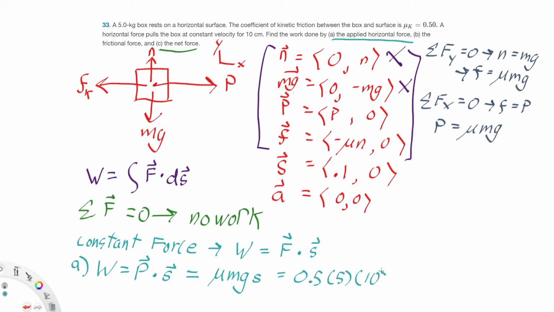Gravity is about 10. And the distance that we've moved is about 1/10. So this ends up being 2.5 joules. Does anyone have a question on this problem so far, on parts A or C?